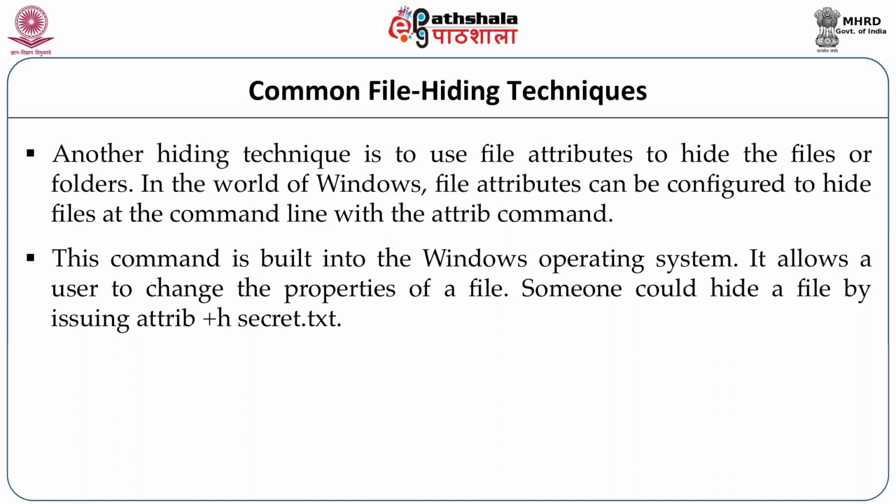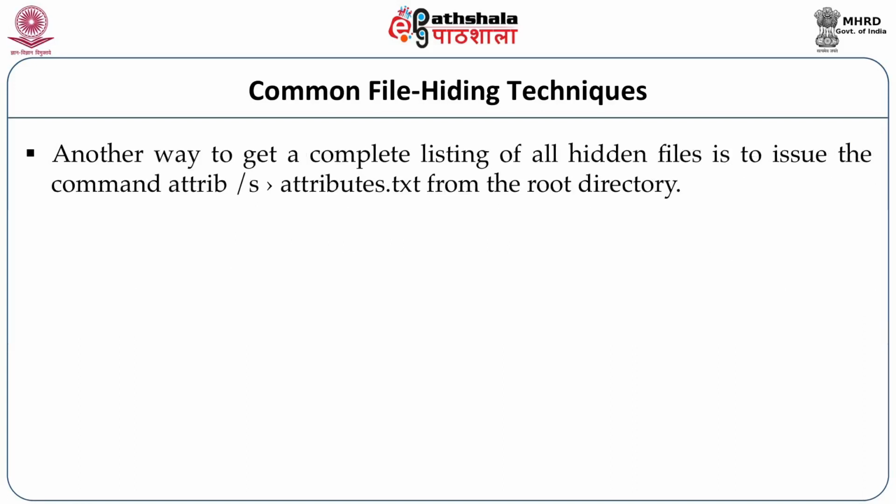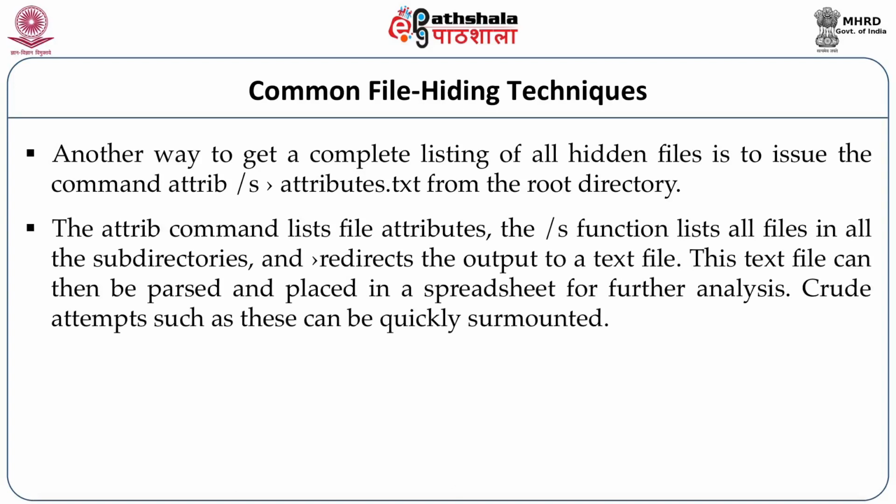This will display all files and folders even though they are set with the attribute +H. The attrib /s command lists the file attributes, and the /s function lists all files in all subdirectories, and then you can use the redirect operator greater than to output this to a text file.